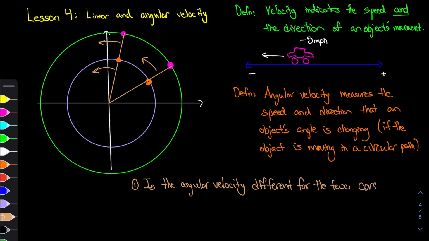Are their angles changing at different rates? And as a reminder, this is the angle at their first position. Maybe I'll call it theta 1, and their angle after some time, that's theta 2. Is the angle that the cars are experiencing changing, and is it happening at different rates?